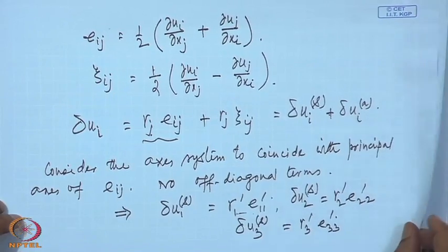Also, since this tensor has the same invariant, e_ii is the same as e_ii prime.